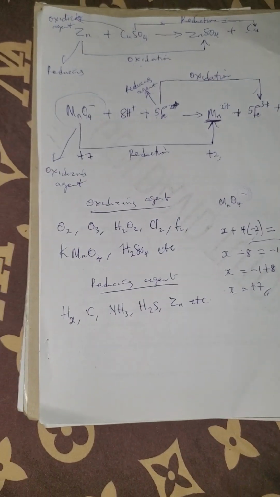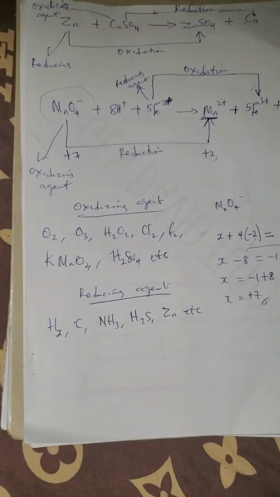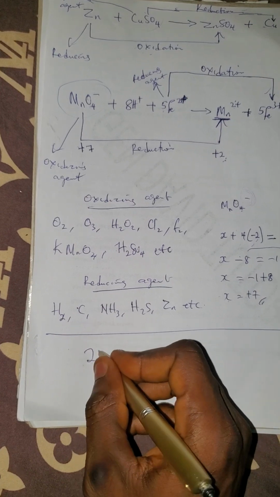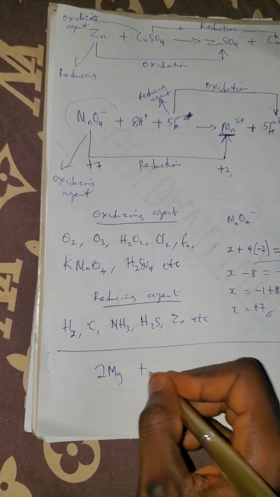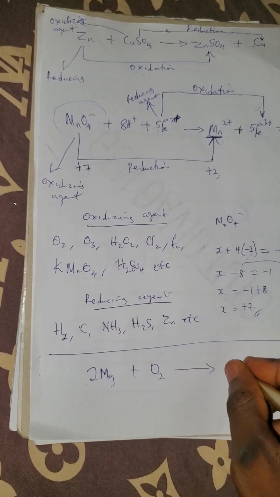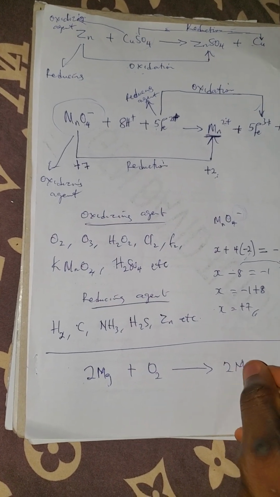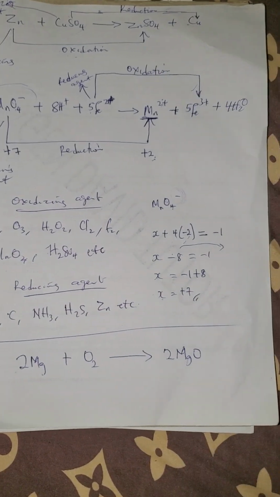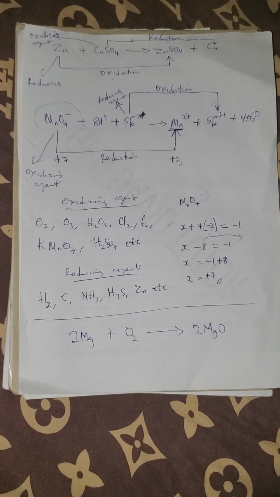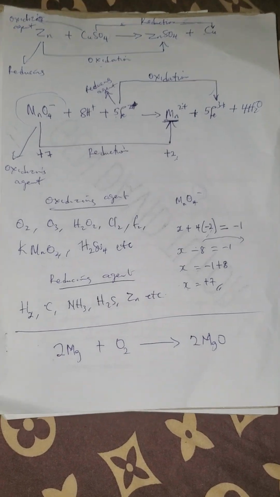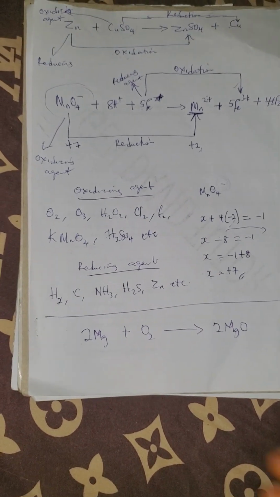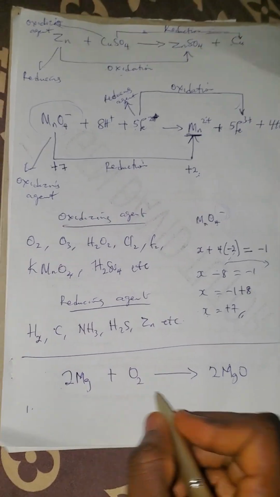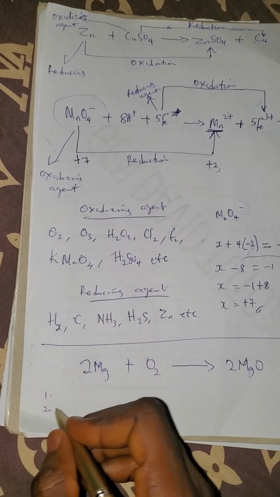Now in the comment section, I want to know the oxidizing agents and reducing agents in this reaction: 2Mg plus O2 to give you 2MgO.